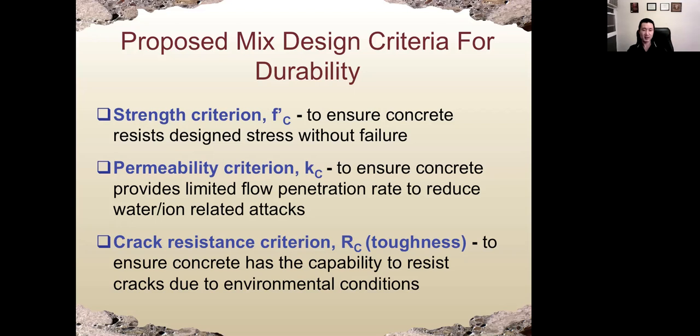The crack resistance criteria, or how we can increase the toughness of concrete, is also important. After the concrete cracks, due to different reasons, how the concrete can reduce the size of a crack is also very important. For example, we can use fibers to reduce the size of a crack, or use other methods to increase the toughness of the concrete.